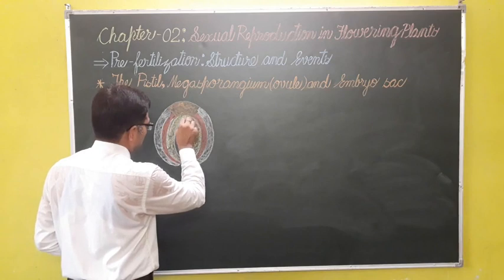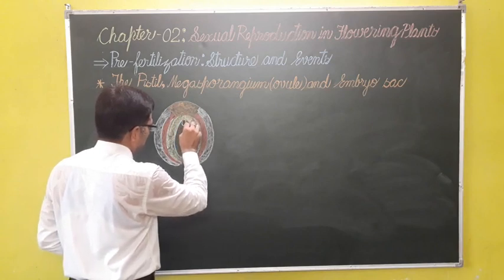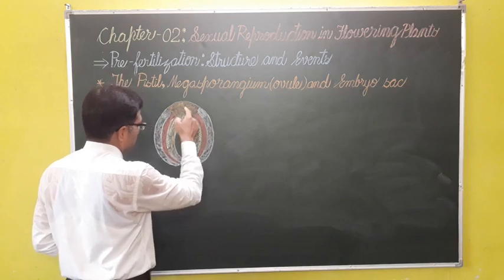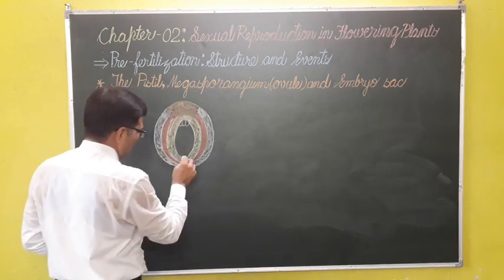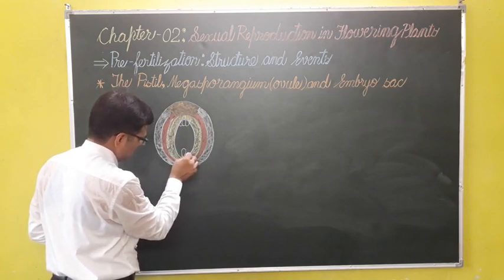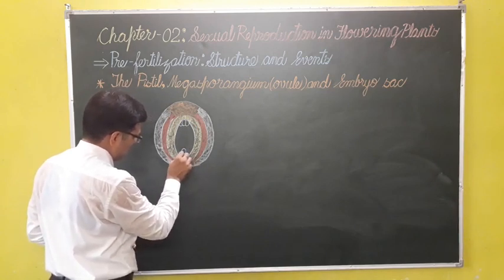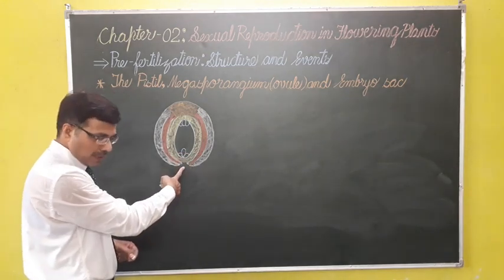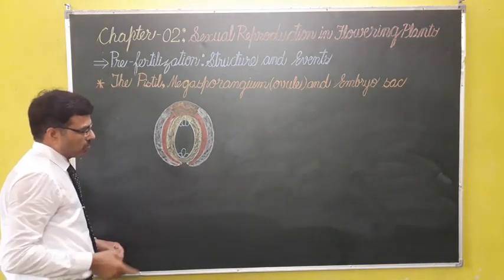Because three cells are towards the chalazal end and three cells are towards the micropylar end, because this is the micropyle, that's why this end is called the micropylar end, right?